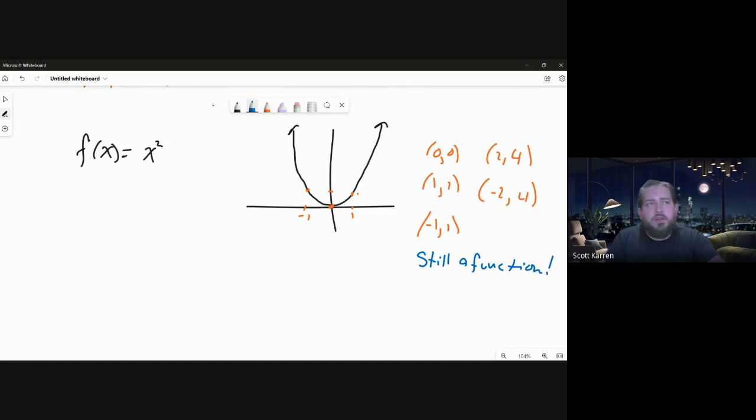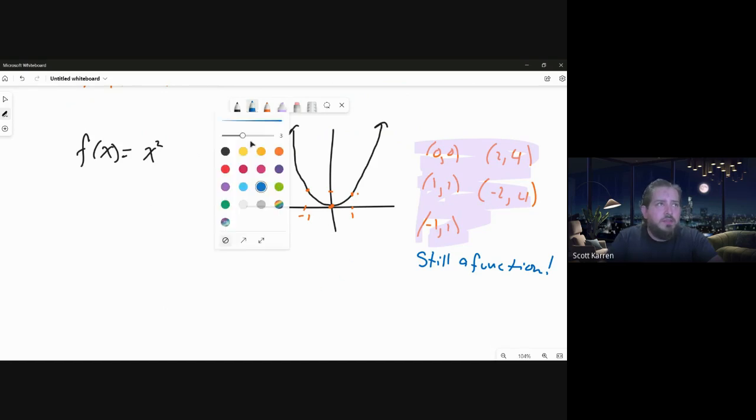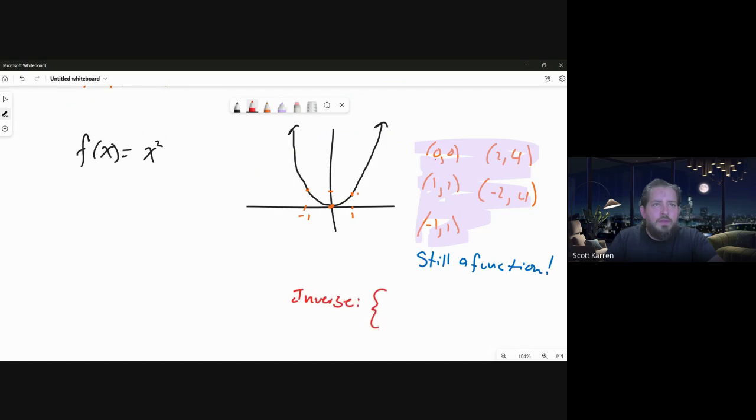What we're worried about, though, is when I try to take the inverse. If I just focus on these points right here and don't worry about anything else, the inverse of these points would give me, well, 0, 0 turns into 0, 0. 2, 4 turns into 4, 2. -2, 4 turns into 4, -2.